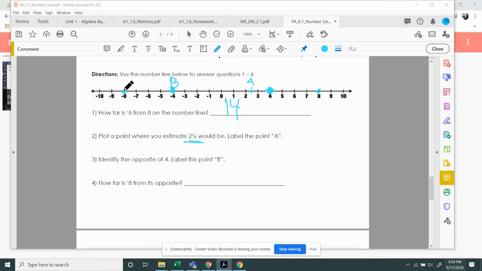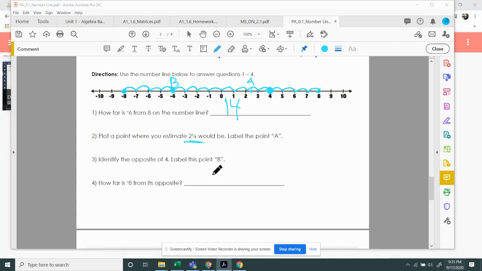Let's see how far that is. You should try to take a guess before I do this. Maybe pause the video and try it on your own. 1, 2, 3, 4, 5, 6, 7, 8, 9, 10, 11, 12, 13, 14, 15, 16.